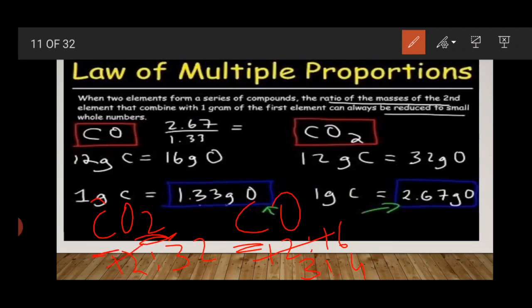So let's take the ratio also. 12:32, and 12:16.